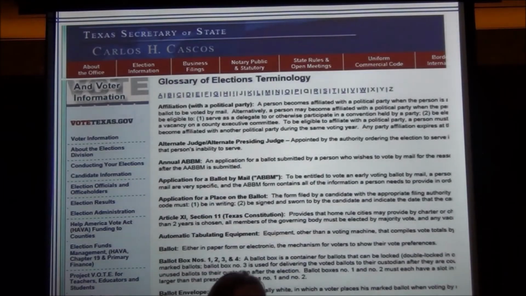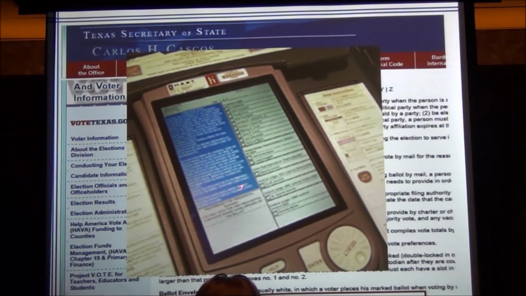Then we go to the Secretary of State's own website, and they define ballot image. This is the current Secretary of State's website, and it's been there for several years. Ballot image: the ballot as it appears on the direct recording electronic voting system. Well, that's what I see when I vote. It's a ballot, with check boxes, all the candidates and the date of the election, all of it.